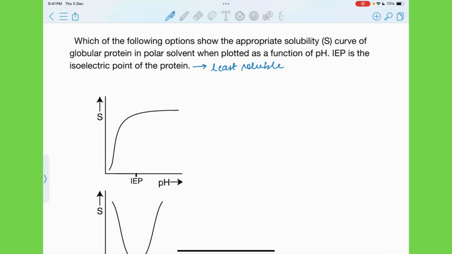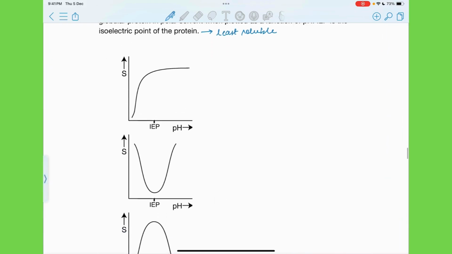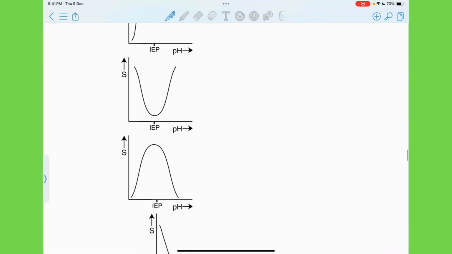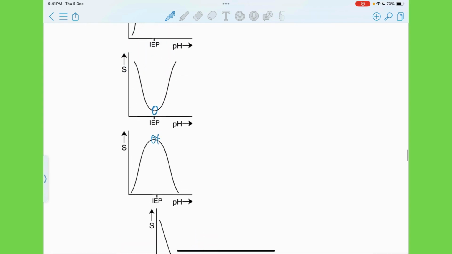Thus, the solubility is least. So we check which of the following is showing the least at IEP. No, this is not. Yes, this shows the least. This is showing the highest, so this is again not the correct option. And this is again saturated; it's not the case of saturation. The charge again comes after the isoelectric point. So the correct option is option number B.